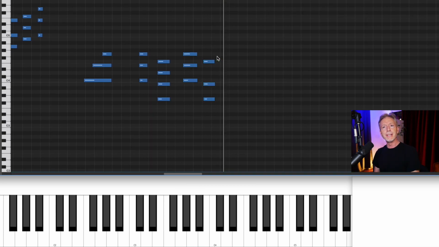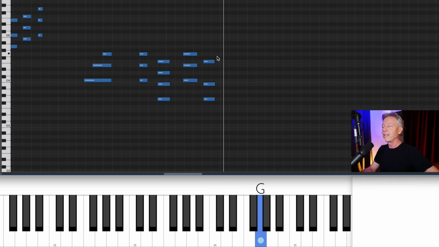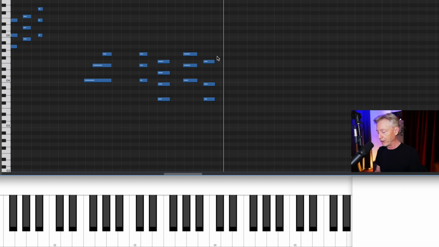My simple rule is this. If I have one of the notes from the next chord, or two of the notes, or three of the notes from the next chord in the first one already, and I do, it has to stay right there. That's an excellent first rule, and it anchors the chord progression.